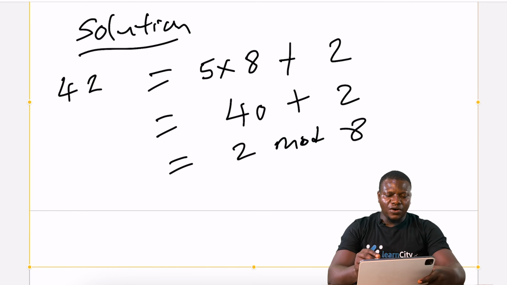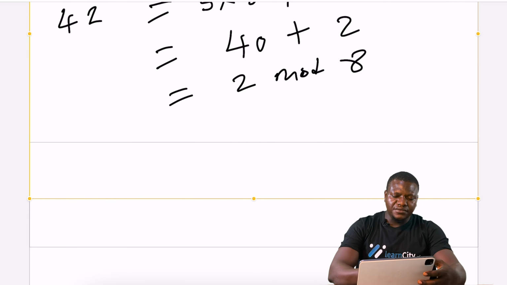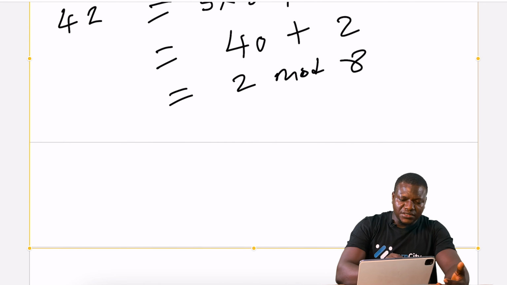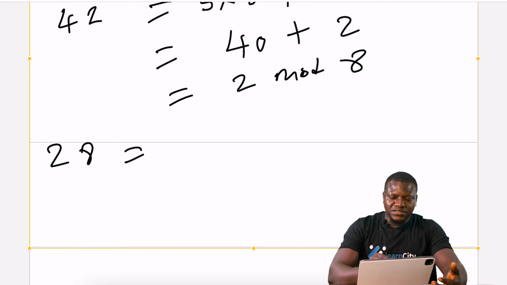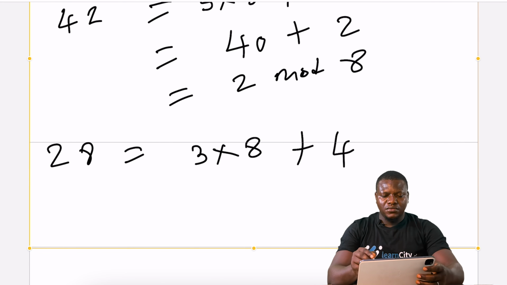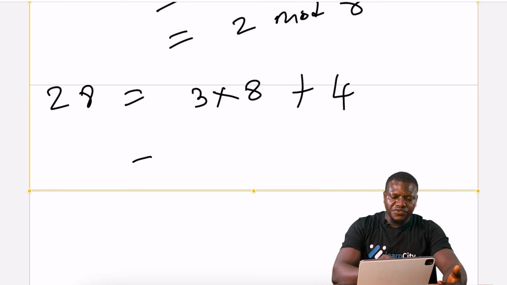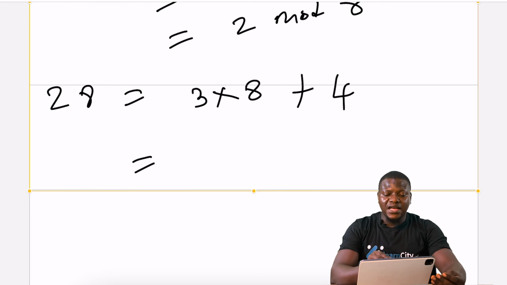Now we can also simplify our 28. Our 28 is 3 multiplied by 8 plus 4. 3 multiplied by 8 is 24, and then plus 4.